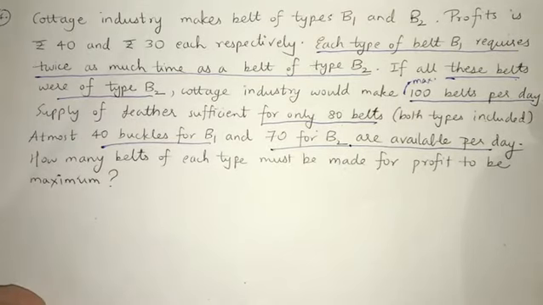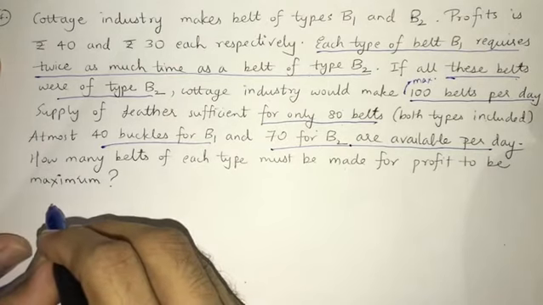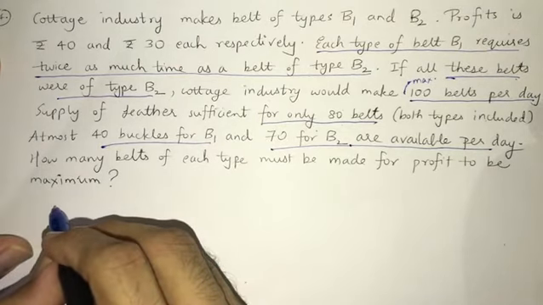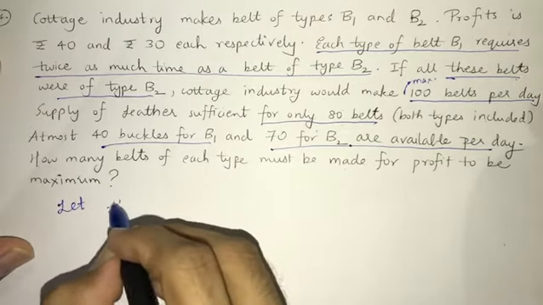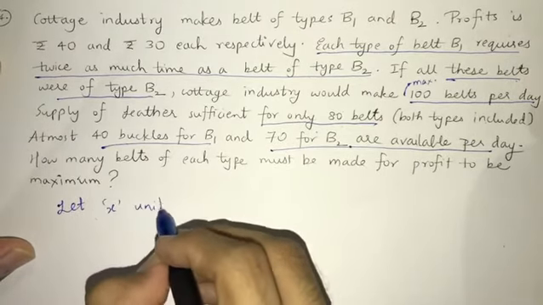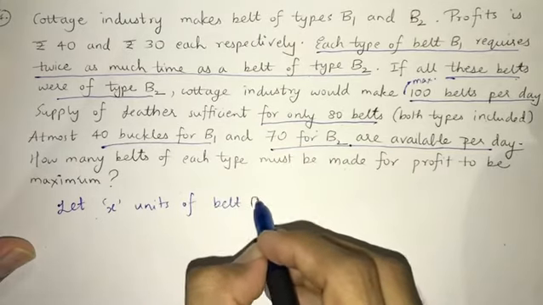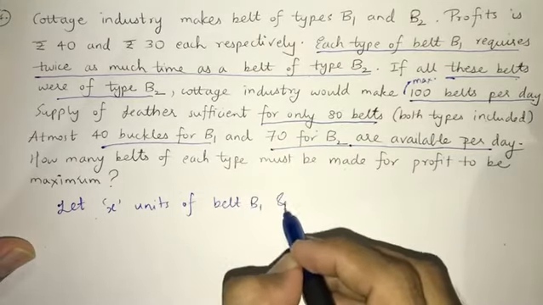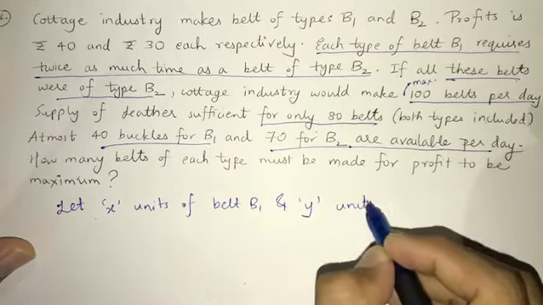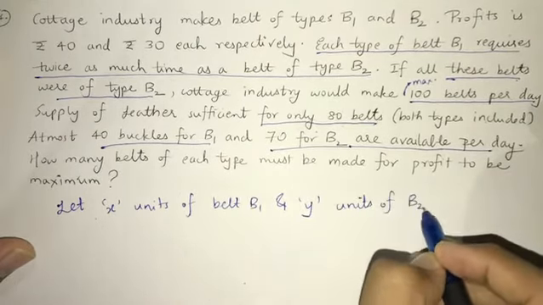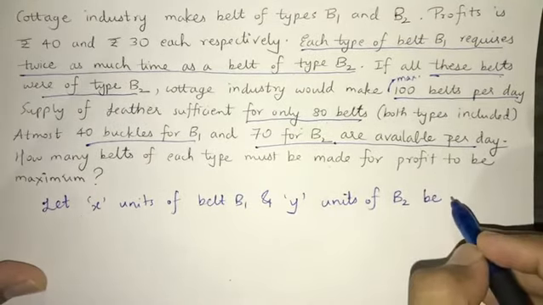So first you will identify the decision making variables. The decision making variables will be, obviously, profit is dependent on what? On belts of type B1 and B2. So let X units of belt B1 and Y units of B2 be produced.